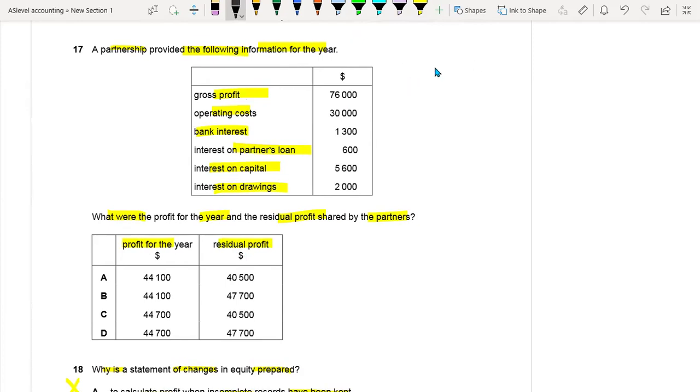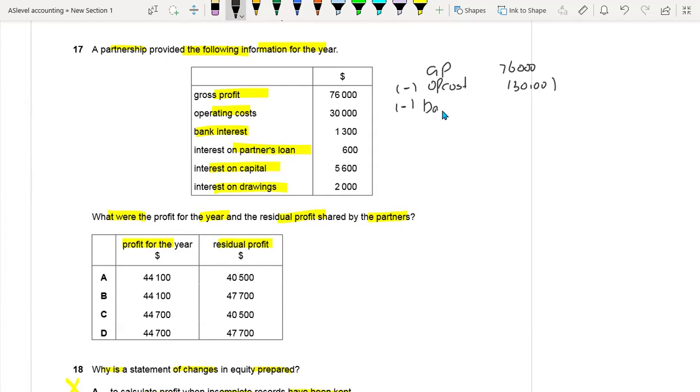First of all, write the GP. GP is 76,000, and deduct the operating cost from it, because this is just like the expenses. So deduct 30,000 from the GP. We are basically making the income statement. And after that, there is a bank interest. This is also a kind of expense.